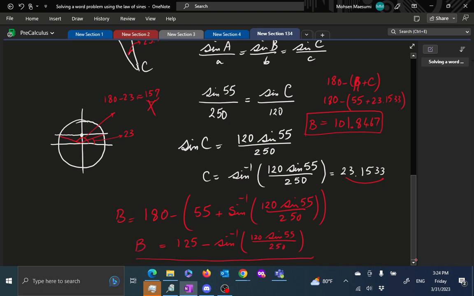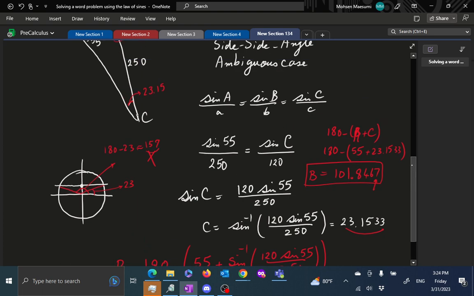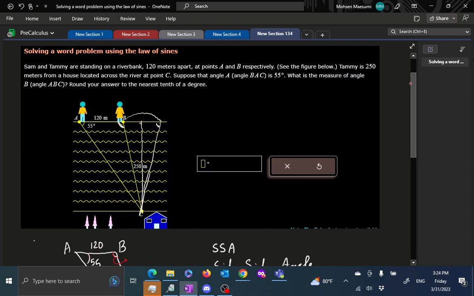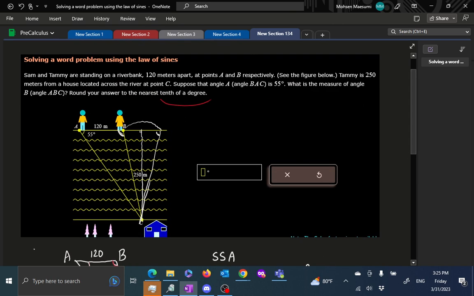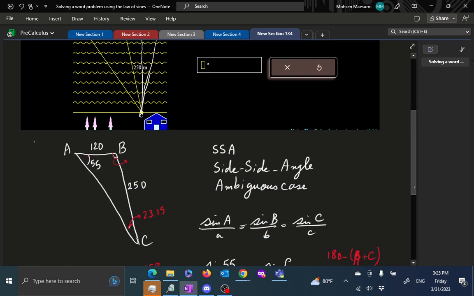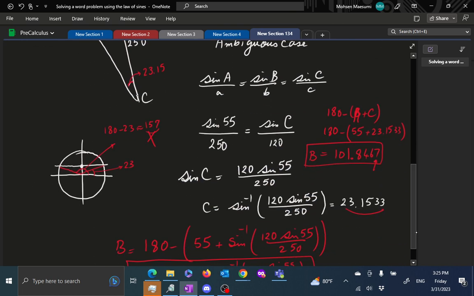Then the calculator can go ahead and calculate to as many decimal places as you want, and then you get the answer. However, more than likely, it's required to a tenth of a degree, which is already more accurate than a situation like this. So with the river and river bank and so on, you never get the accuracy of that sort. So 101.8 would be more than sufficient in this problem.